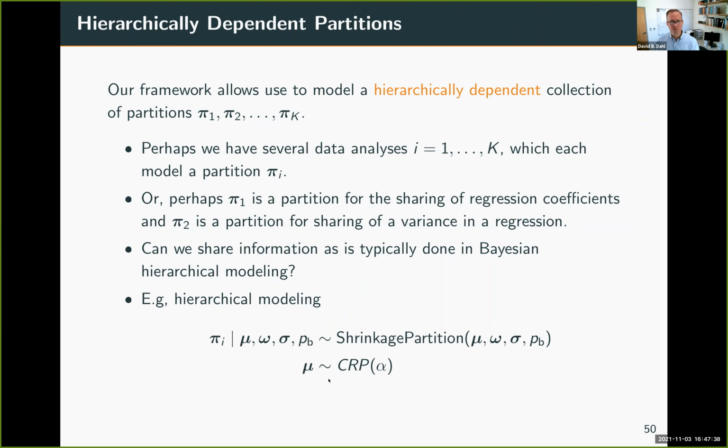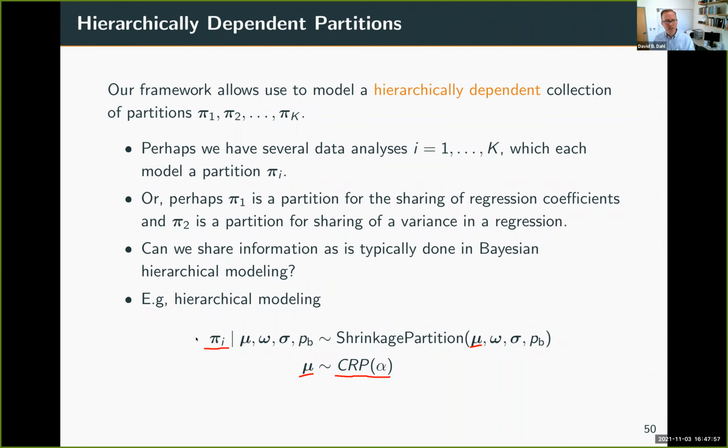Well, we can do that quite simply with a formulation like this. Maybe we have a global partition mu, which is drawn from some partition distribution, say the CRP, and then that becomes the baseline partition from which these individual partitions are drawn.